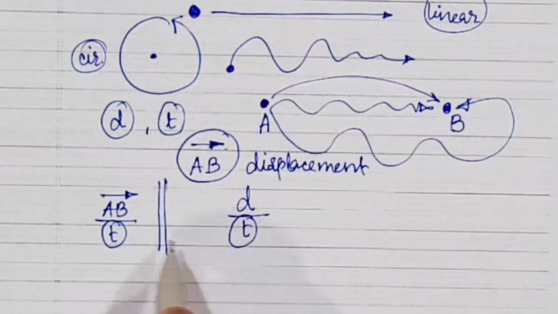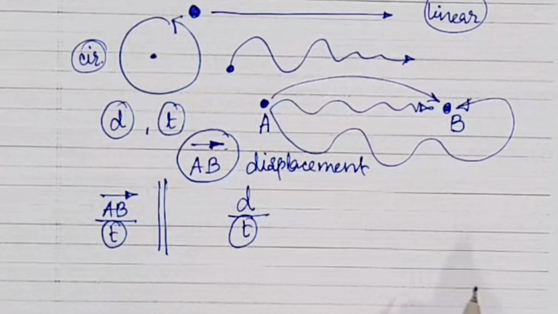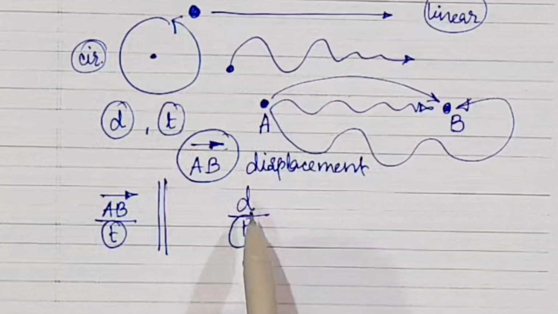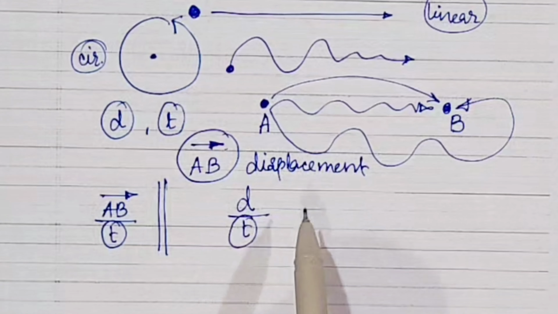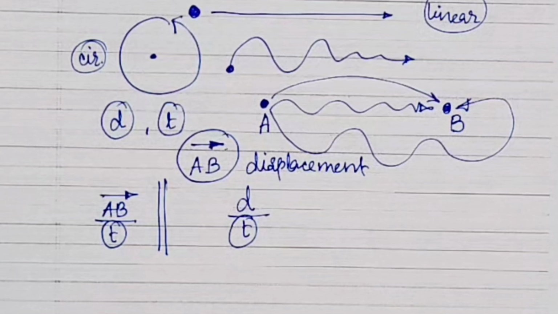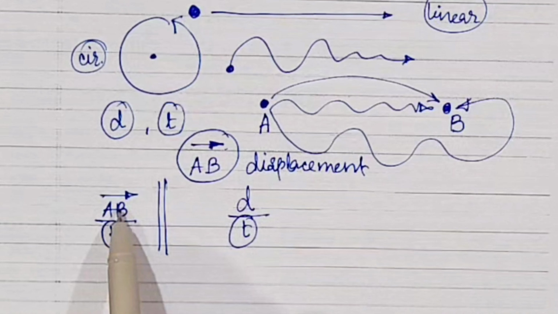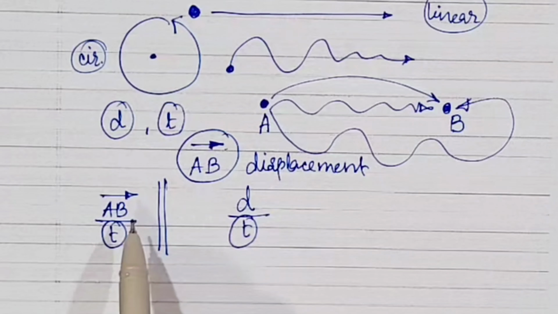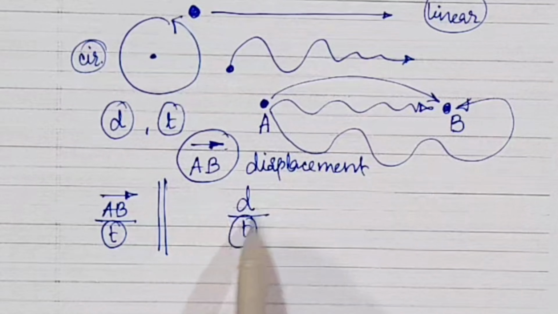So d by t and AB by t, these are two different quantities in maths, because irrespective of what d is, A and B are two fixed points. Hence the displacement will always remain the same, but the distance can be different.